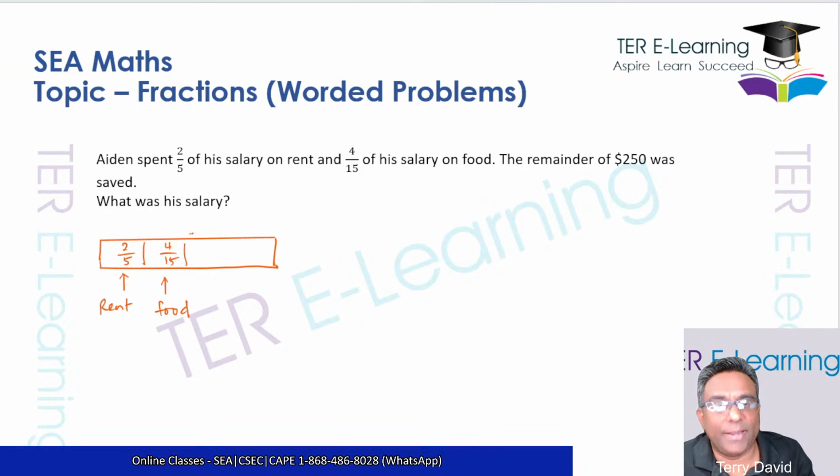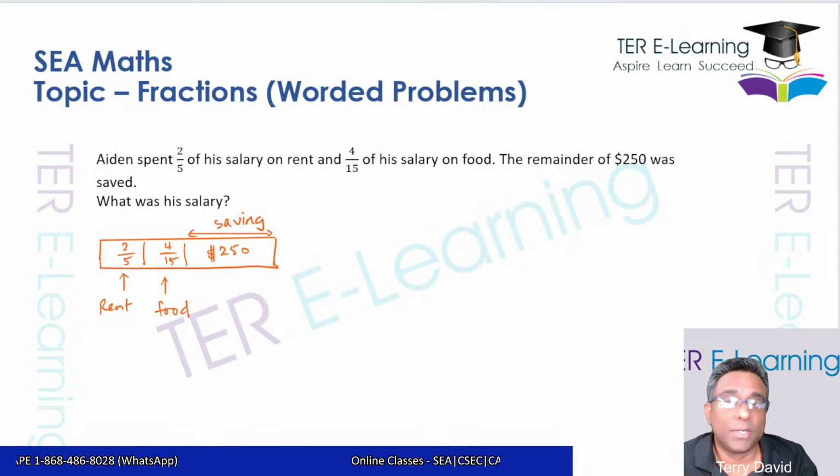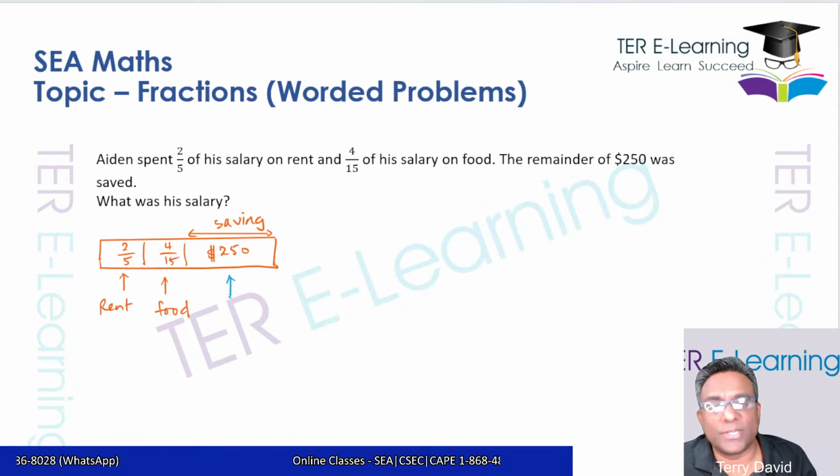And this remainder here is what he is saving. So this is his savings here. And we know that this figure actually corresponds to $250. Okay, that's what we know. So what I would do, I would try to figure out what fraction this corresponds to. Okay, so now we have 2/5 and we have, so let's write down for rent.